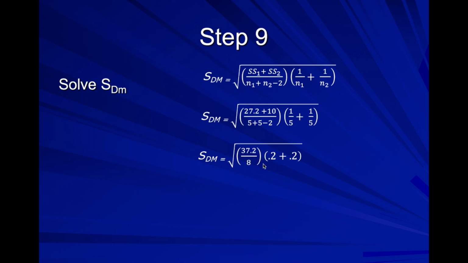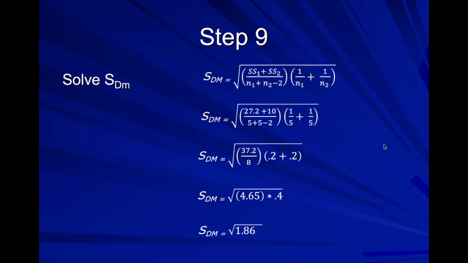If you remember, when the parentheses are together like this, it means that you multiply this term with this term. I've just written it a little differently here. So you have this term multiplied by this term, and then, of course, you have the square root of all of that.